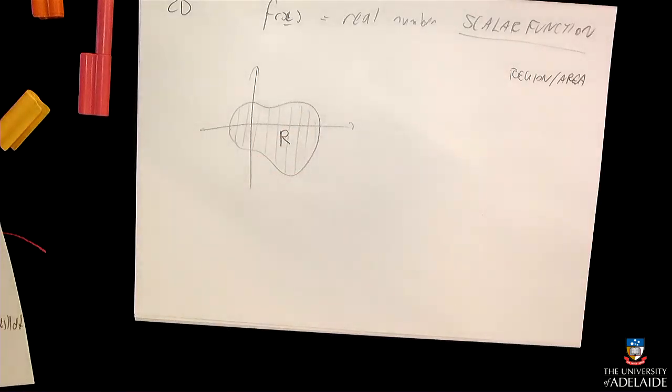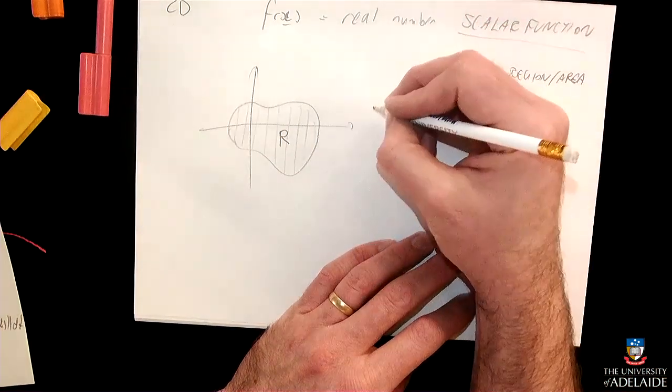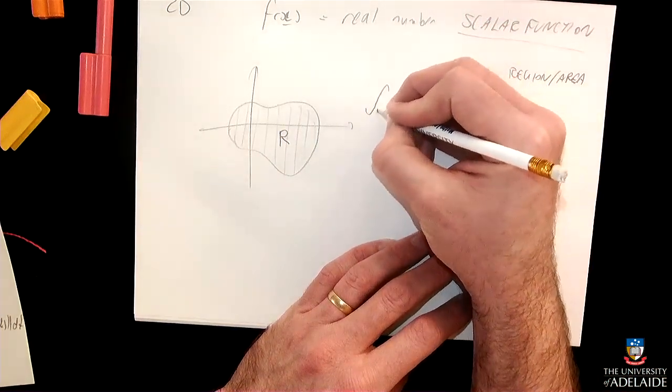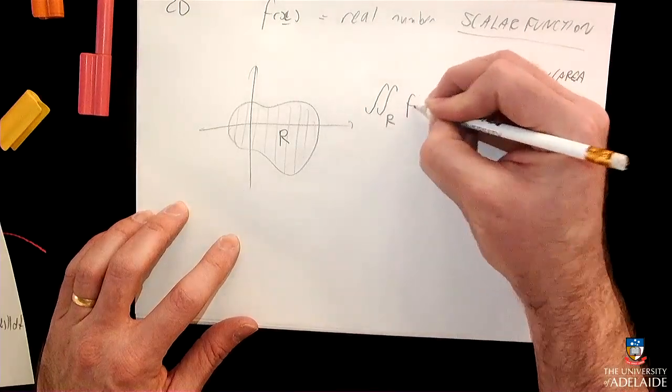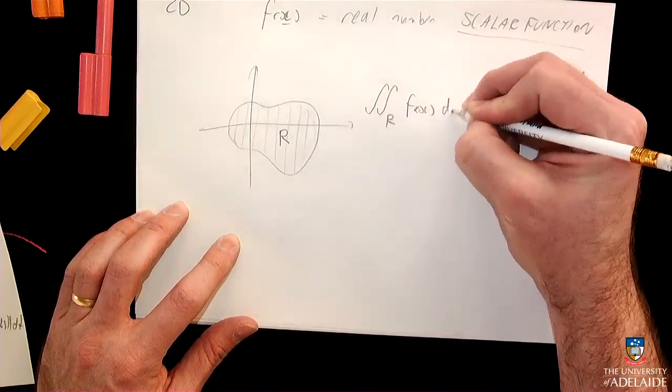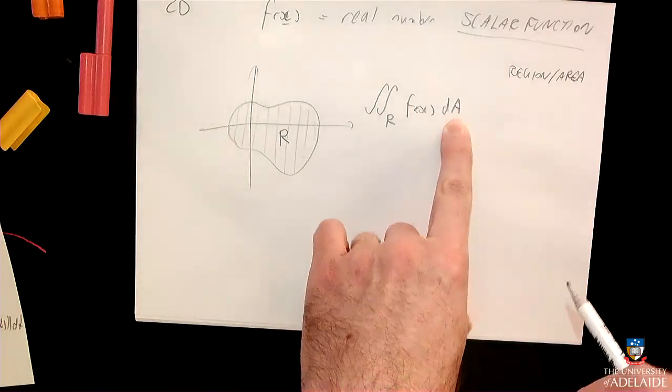So I want to count each number for the area that it's sort of contained in. And so we're going to do this. It's called a double integral across the region of f of x dA, I believe, is a traditional way of doing it. And this dA means a very small, tiny piece of area.